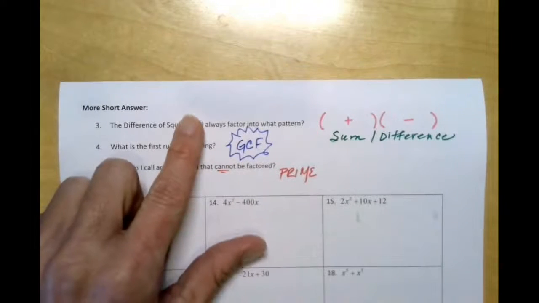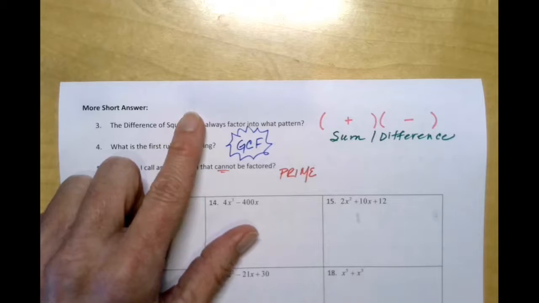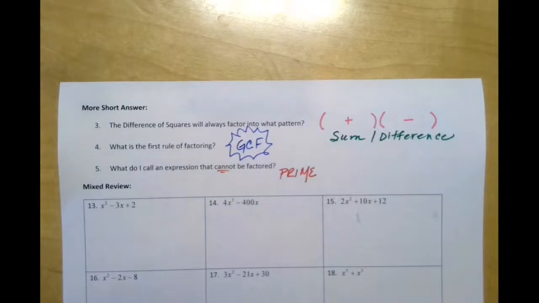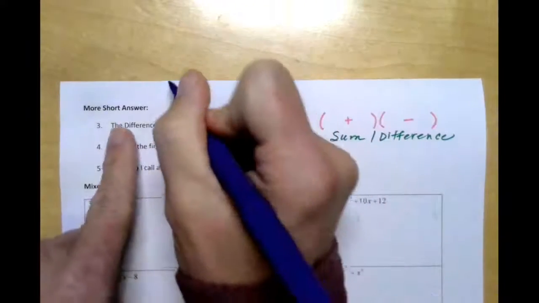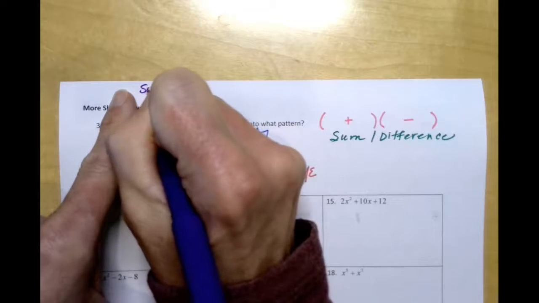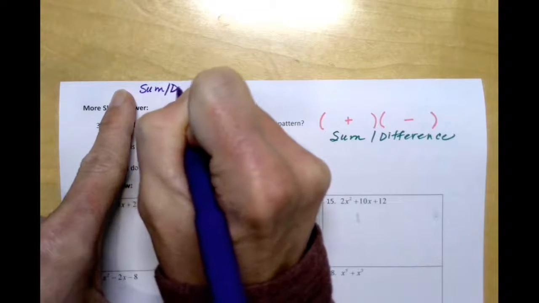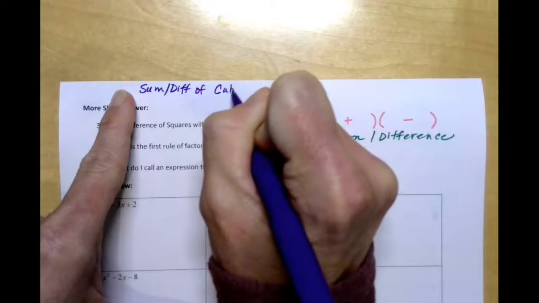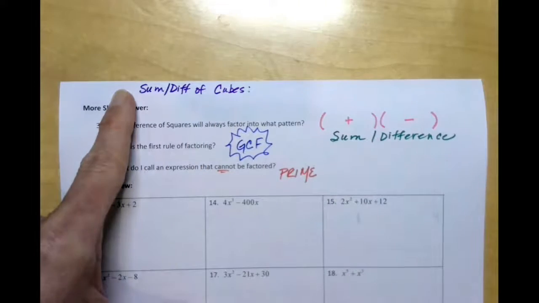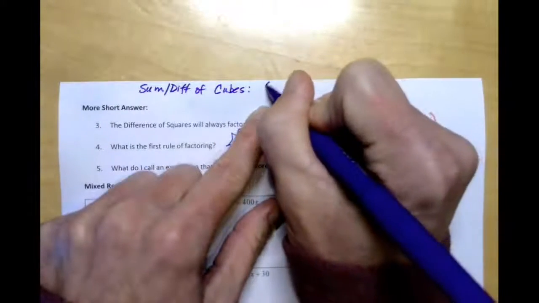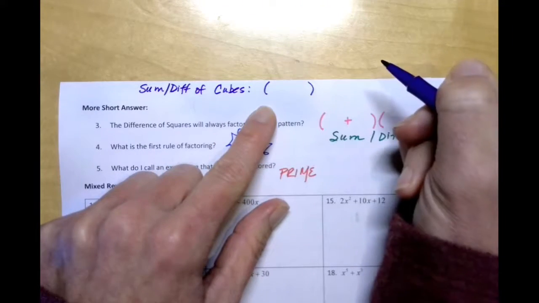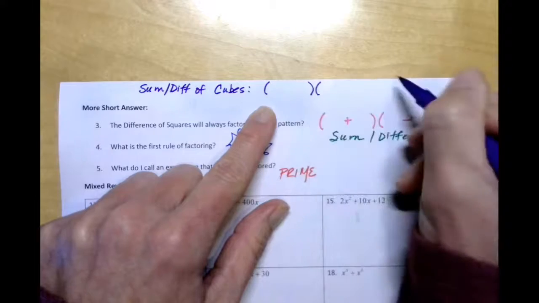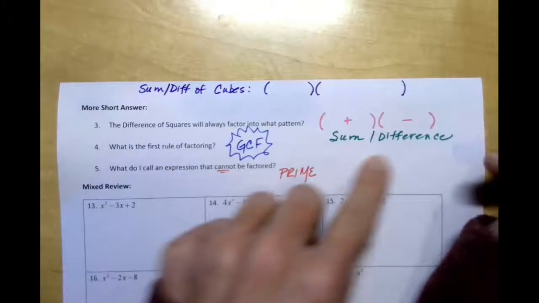I'm also going to put down our formula for our sum and difference of cubes. So if you want to have the sum and the difference of cubes pattern, we'll go ahead and add that here. That's the one where you have a binomial, meaning two terms, and a trinomial, meaning three terms.